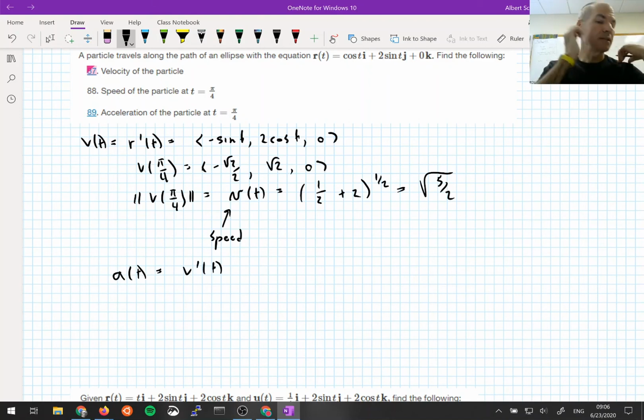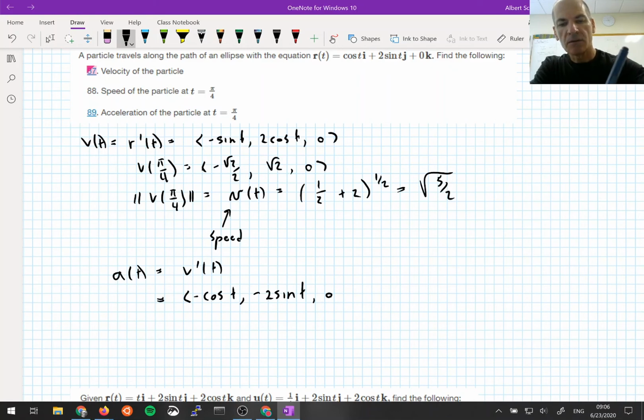So if we take another derivative, component-wise, we're going to get the acceleration. So looking at v here and taking the derivative component-wise of this function, we get minus cosine t, minus 2 sine t, and 0, like that.